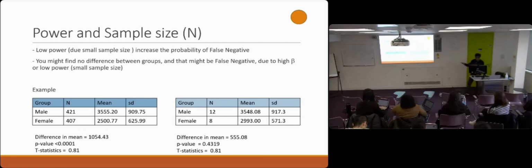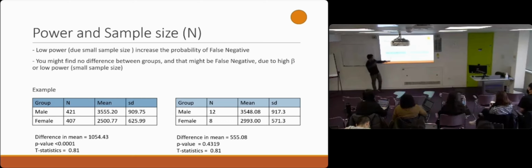So there is an example here. We have a group of male and female, and the mean value is this. It is some study. We have the mean, we have the standard deviation, right? We got the difference of the mean is this, the p-value is this. This is lung function, I think.